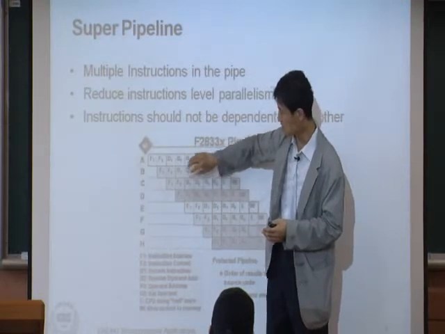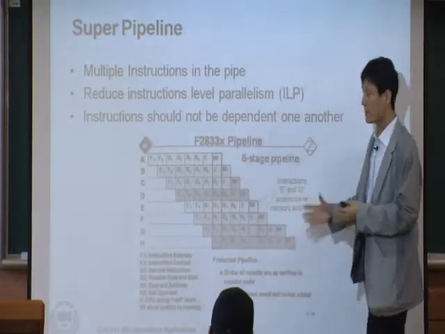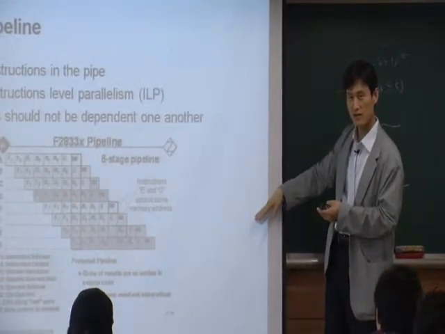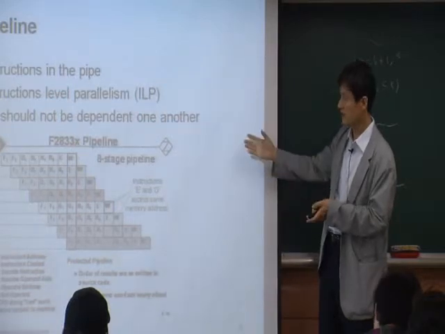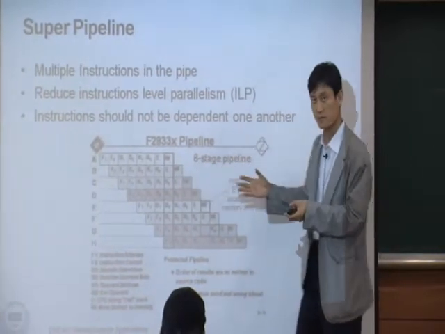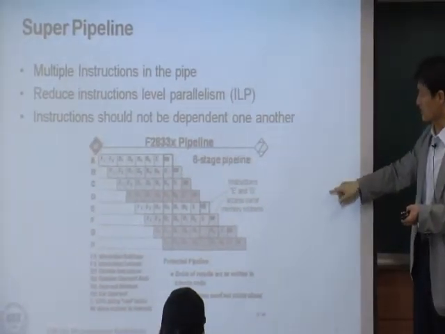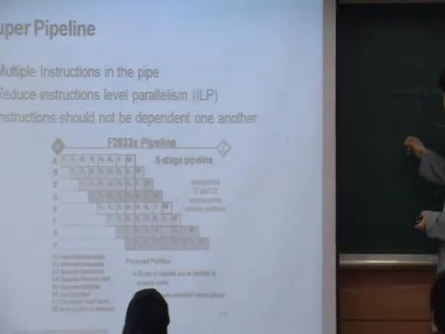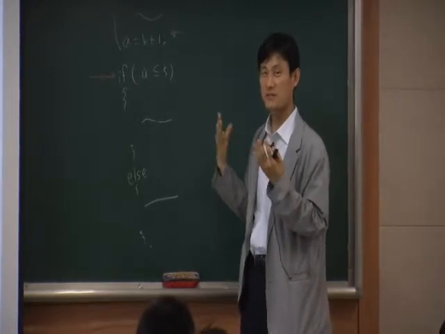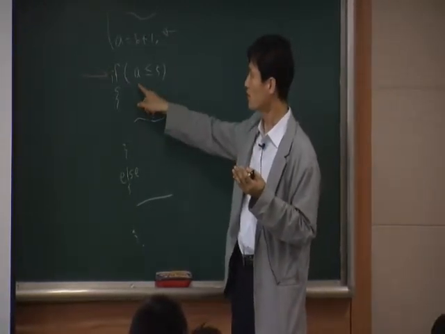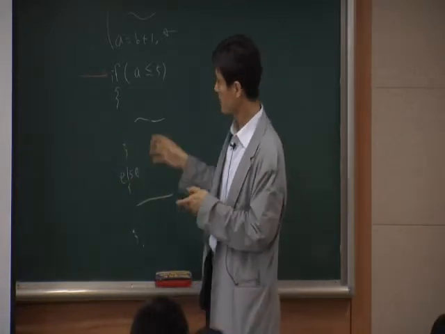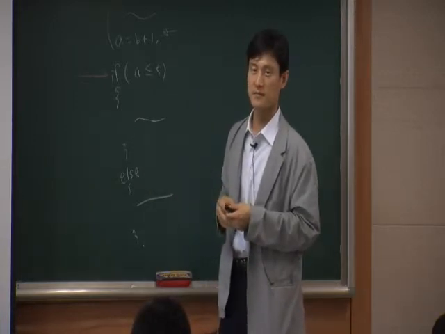You fill each stage with one instruction, but that's only true when you have a lot of instructions sequentially. Then you can put each instruction in its stage, no problem. But say somewhere here you have an if statement like this one. The assembler or compiler never knows whether you go there or there. So in that case, how can you fill up the pipeline? You cannot.